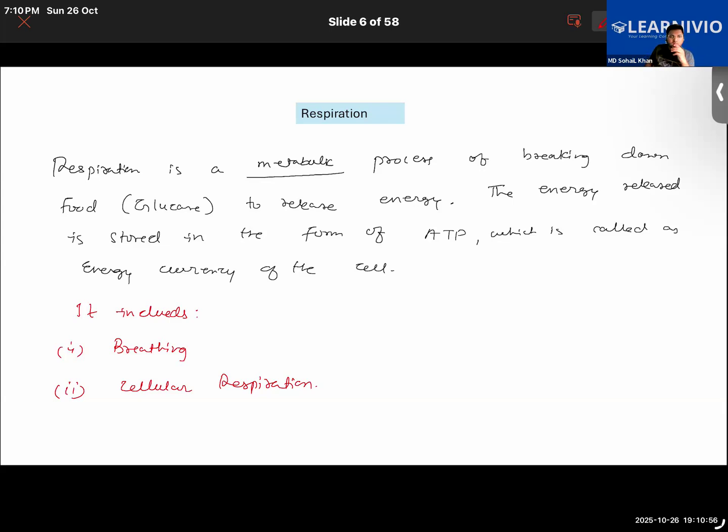Which is called of the cell. So what is that in the red one?